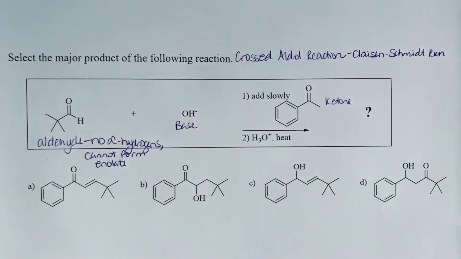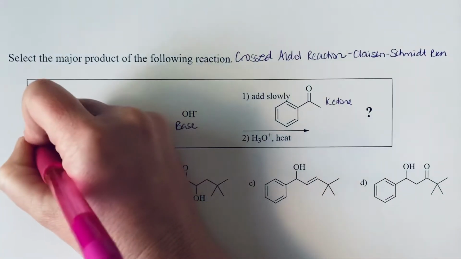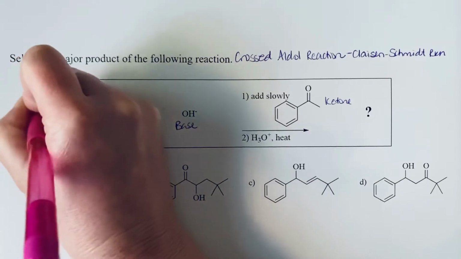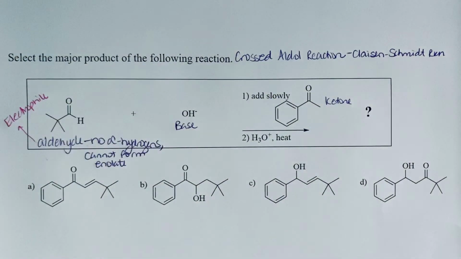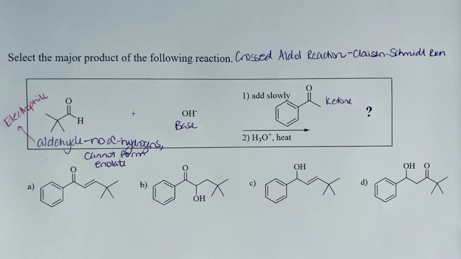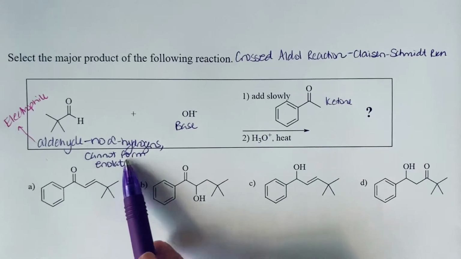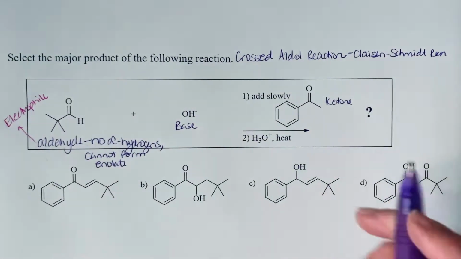That means you are restricting the role of this aldehyde: it is definitely going to be the electrophile in this reaction. It's not possible for it to form a nucleophile, okay?